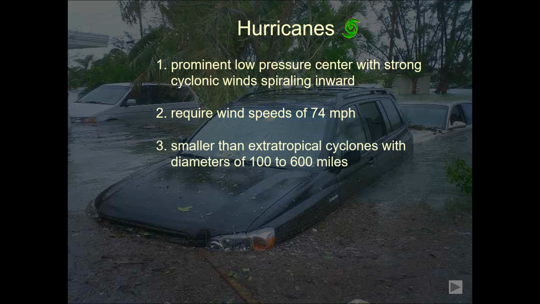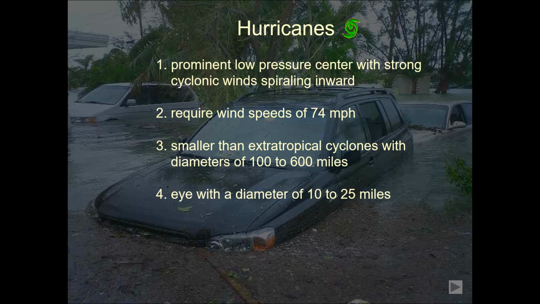You see that it is smaller than the extratropical cyclone, with a diameter of 100 to 600 miles, and the eye of the hurricane depends on the size of the hurricane, but most of the time the eye becomes 10 to 15 miles in diameter.